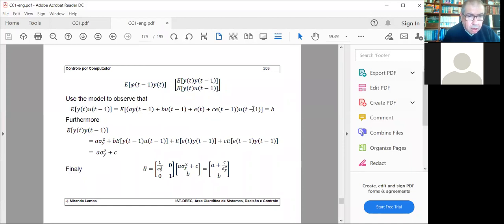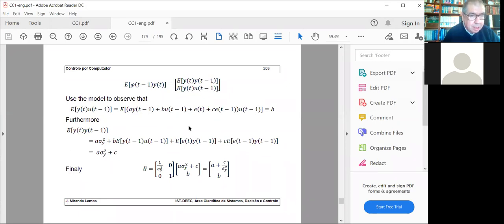So this term goes away. Now, u of t minus 1 times b u of t minus 1, that's b times the expectation of u squared of t minus 1. But the expectation of u squared is 1, so this is just b.